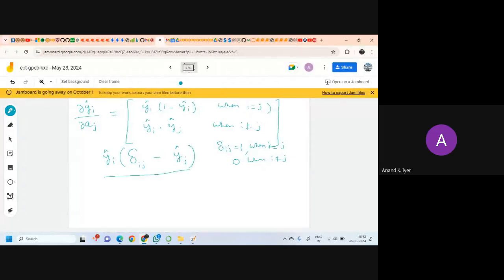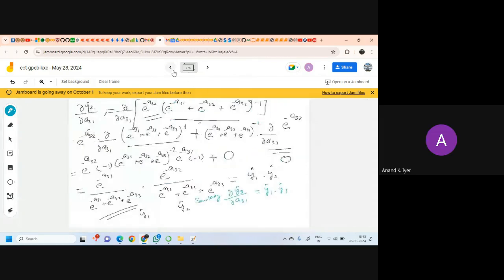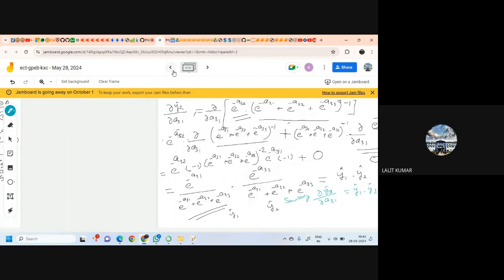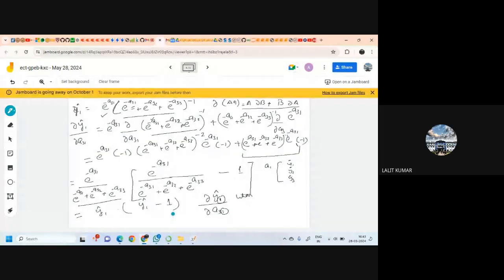So why is the difference? See, in the previous one, the 1 minus y hat which is there, we have got y hat minus 1. Can you go back? Yeah, y hat minus 1.